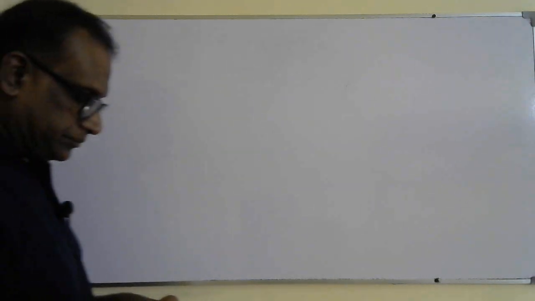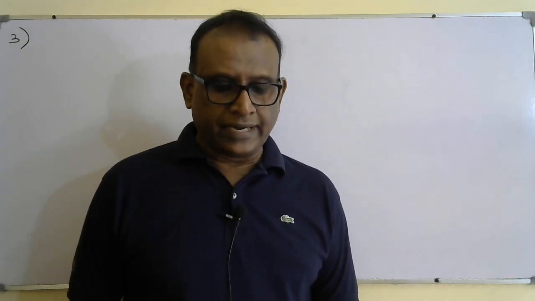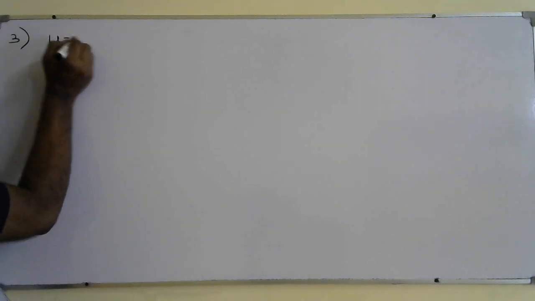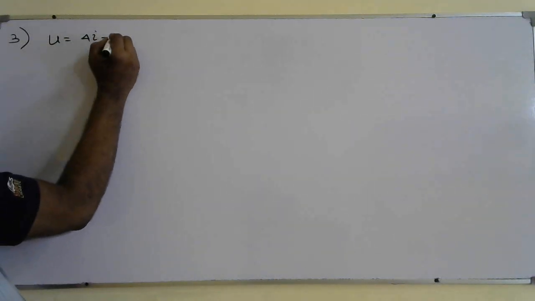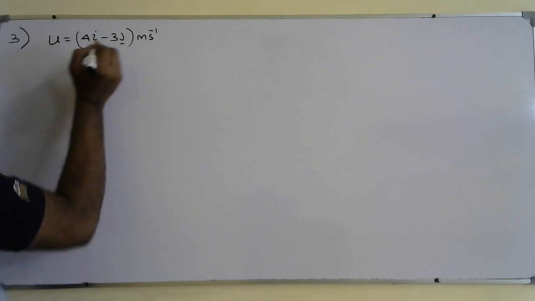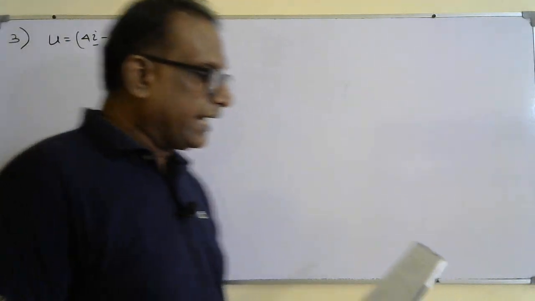Okay, question number 3, based on vectors. A particle P of mass 0.2 kilogram is moving with a velocity 4i minus 3j meters per second. So the initial velocity is given, 4i minus 3j meters per second. The particle receives an impulse of lambda i plus j.